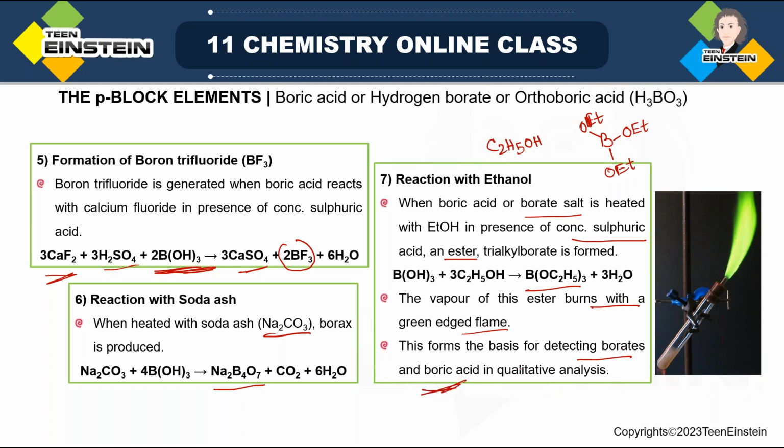Detection of either boric acid or borate, because whether you take the anionic form or directly the acid, in both cases there is formation of triethyl borate, which is a kind of ester, and it can be used for qualitative analysis. Qualitative analysis means we will be able to know whether it is present or not, not its amount. Okay.